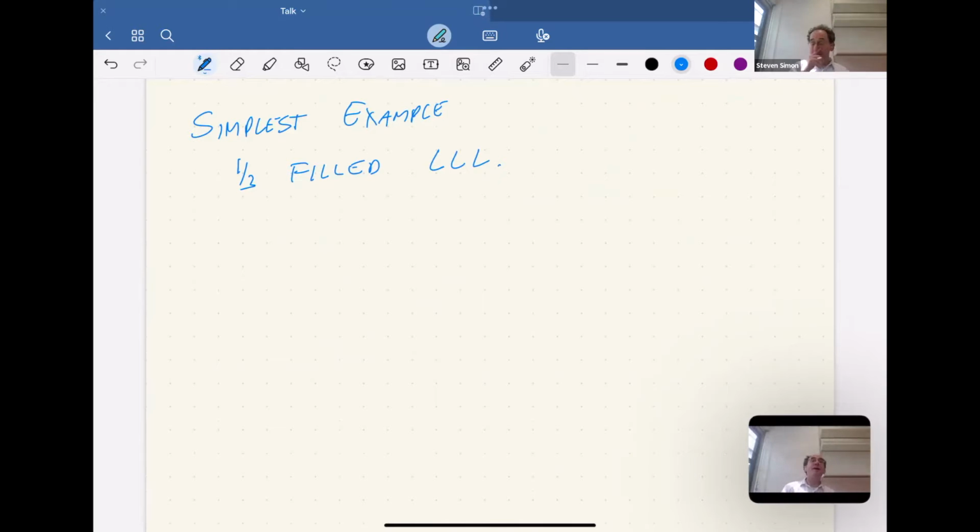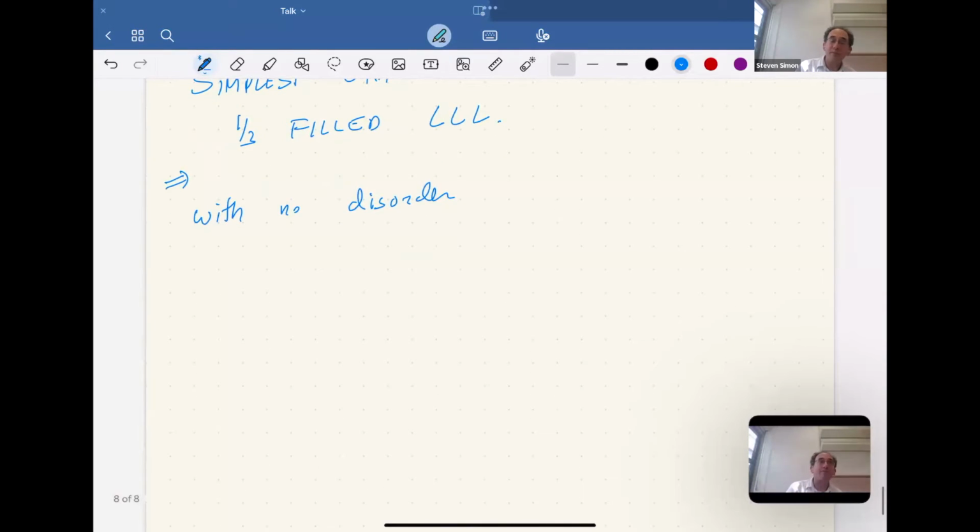Now, one thing that's worth pointing out is that if the system has no disorder and no lattice, then the system is translationally invariant.